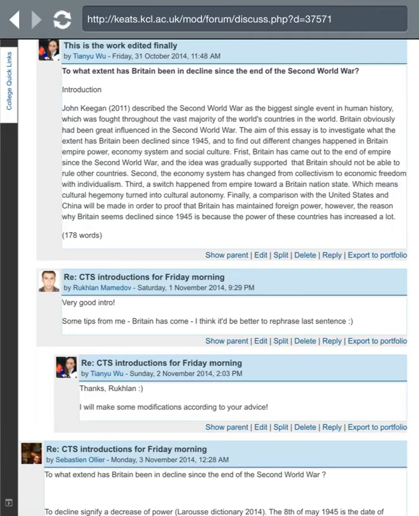From empire towards Britain as a nation state. I don't know what you mean by this. Cultural hegemony turned into cultural autonomy. Okay, I think you need to be more clear about what you're talking about here. Whose hegemony, whose autonomy? What do you mean by cultural hegemony and cultural autonomy?